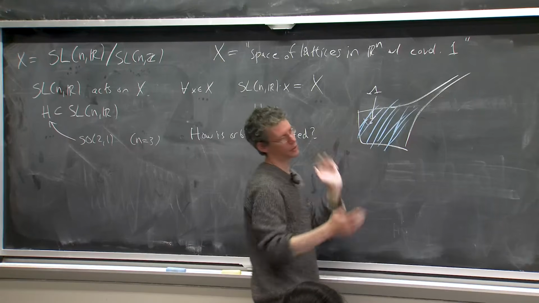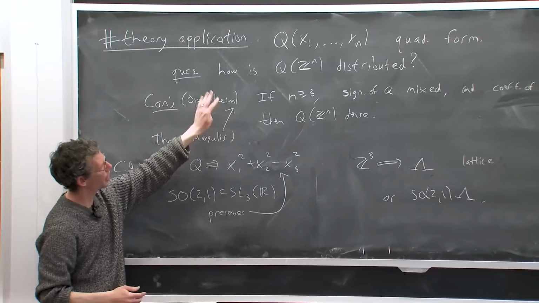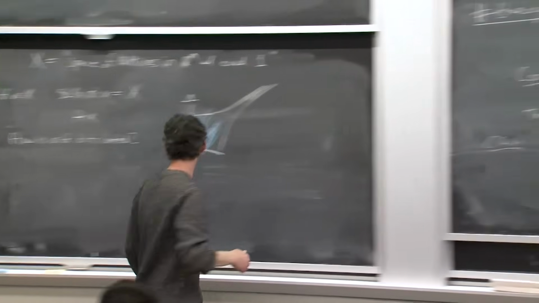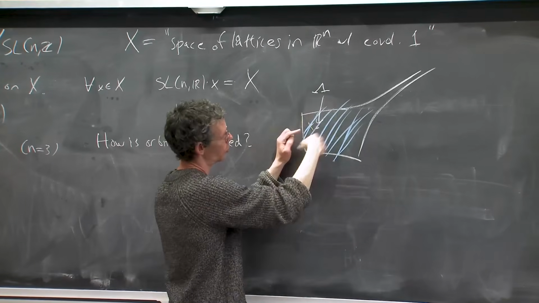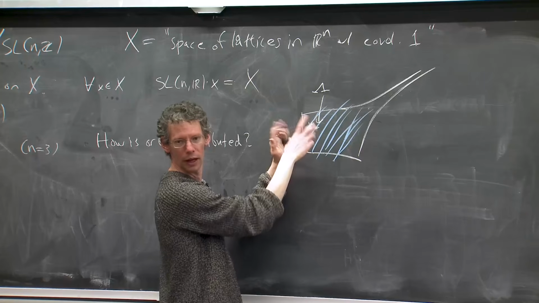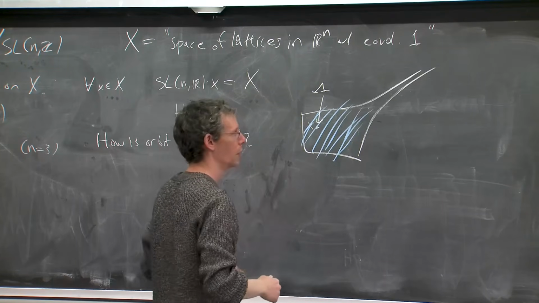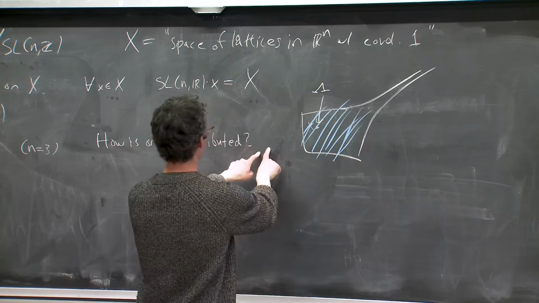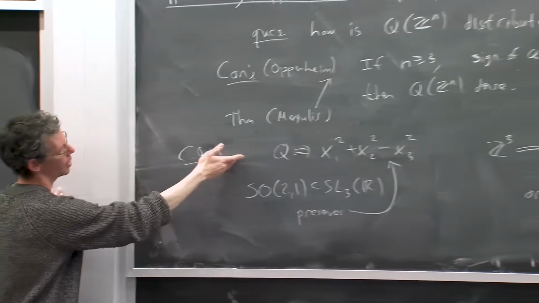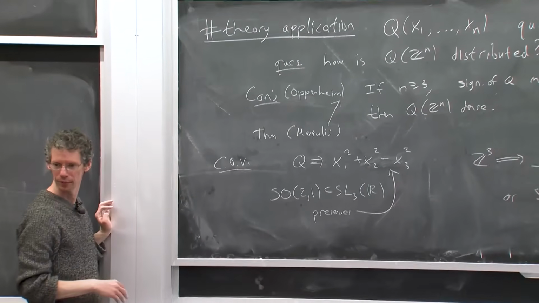OK, and then once lambda could be basically any lattice, then maybe it's believable that Q of lambda should behave in a nice way. Or on the other hand, maybe this orbit is quite a bit smaller, and there are only a few special lambdas in the orbit, and then it's not so clear what's going to happen. OK, so that is how this setup in homogeneous dynamics occurs in a natural way in this number theory application. And there are more applications also in a similar spirit.